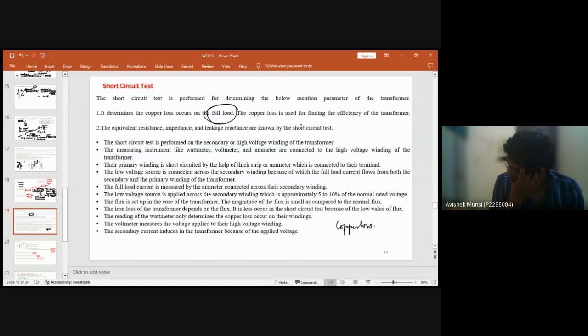Yes, obviously it is done at full load. For calculating the efficiency, you can also run it at other loads, but we have to convert it into the rated load. As I solved in a problem over there, we have to calculate the maximum rated current and convert it into the rated. Okay. First, from the short circuit test, we get the equivalent resistance, impedance, and leakage reactance of the circuit.